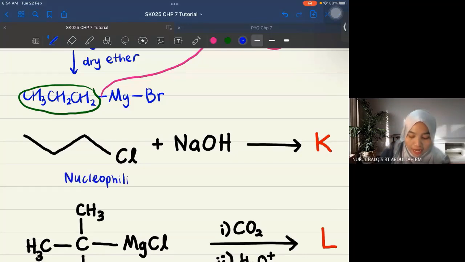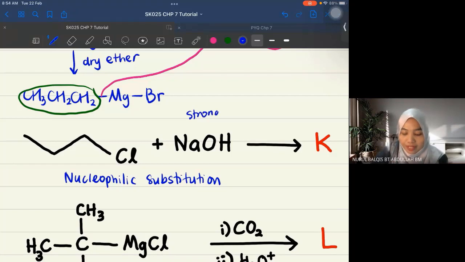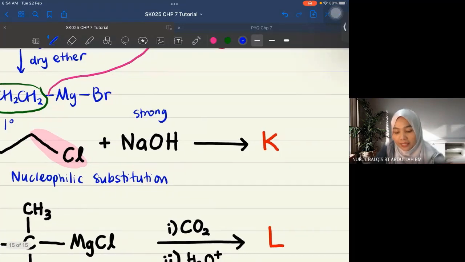So bila kita react dengan sodium hydroxide, is it a weak or strong nucleophile? Strong nucleophile. If you have strong nucleophile, then what is the class of alkyl halide here? Carbon bearing the Cl. Primary. Primary paired up with strong nucleophile, what kind of mechanism?